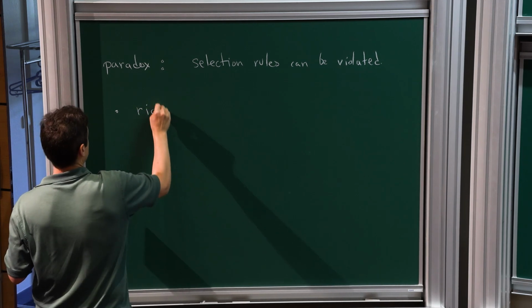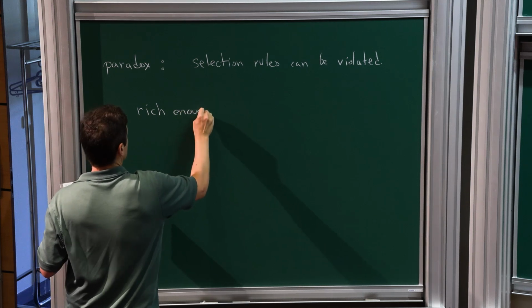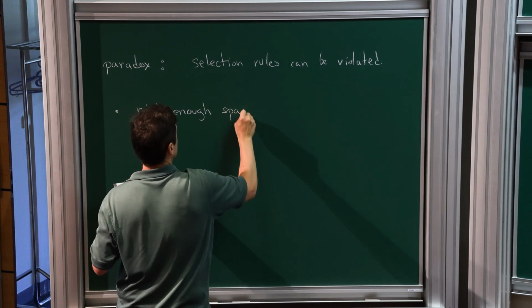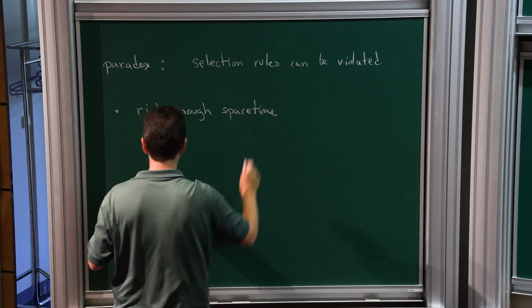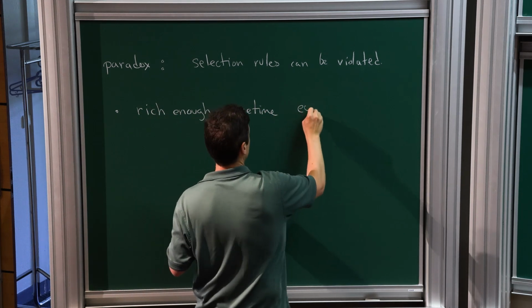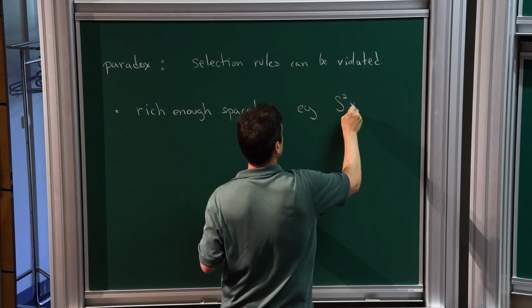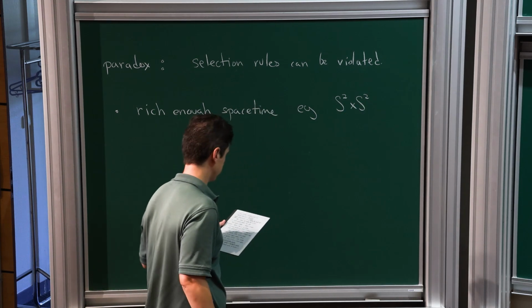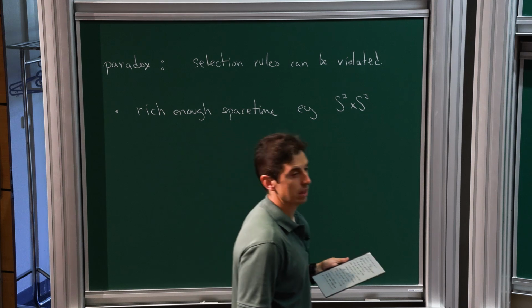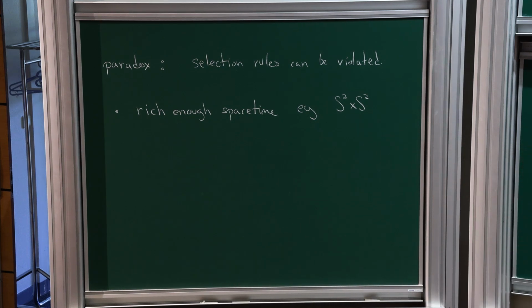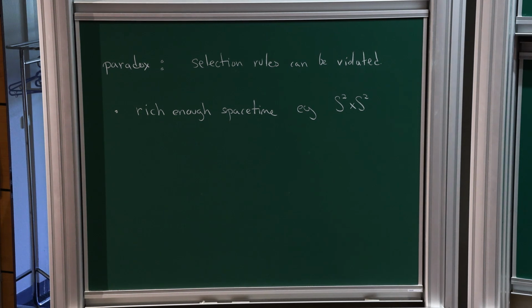If I have a rich enough space-time, I need some 2-cycles. For instance, S2 times S2. Then I can make that integral non-zero. And F, the gauge field, is summed over, so it's not even a fixed value. It depends on which term in the sum you're at in the path integral.